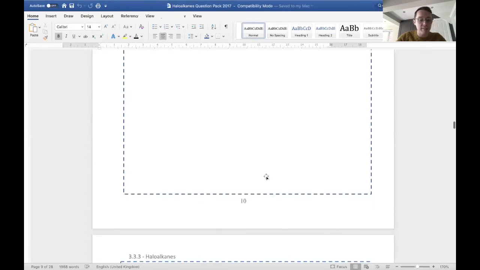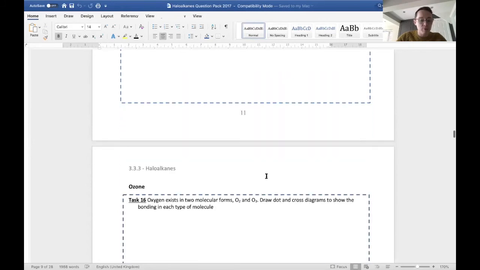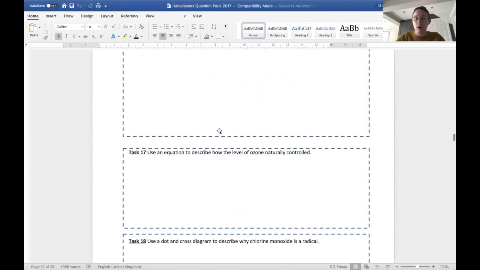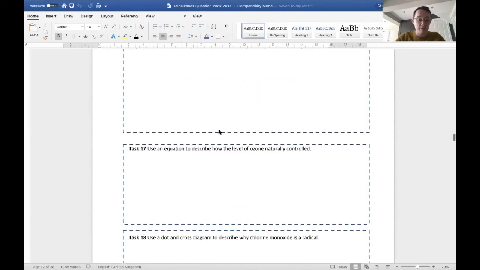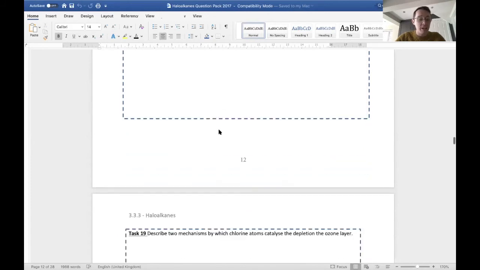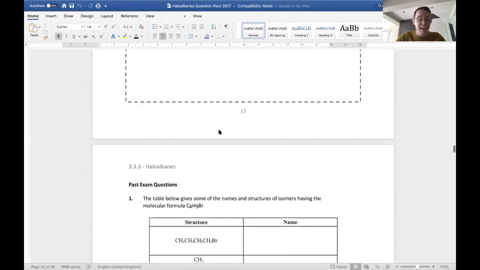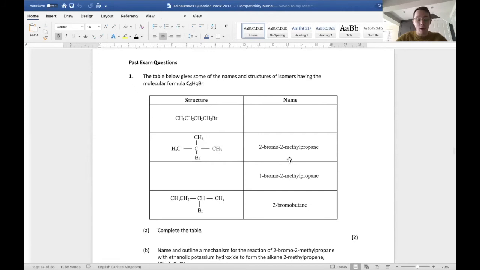We then move on to a few tasks to do with the depletion of ozone. That's what I just mentioned in the previous bit of the video, how CFCs can lead to the depletion of the ozone layer. So you can have a go at all tasks now up to and including task 20. And you can also now have a go at all of the past paper questions.